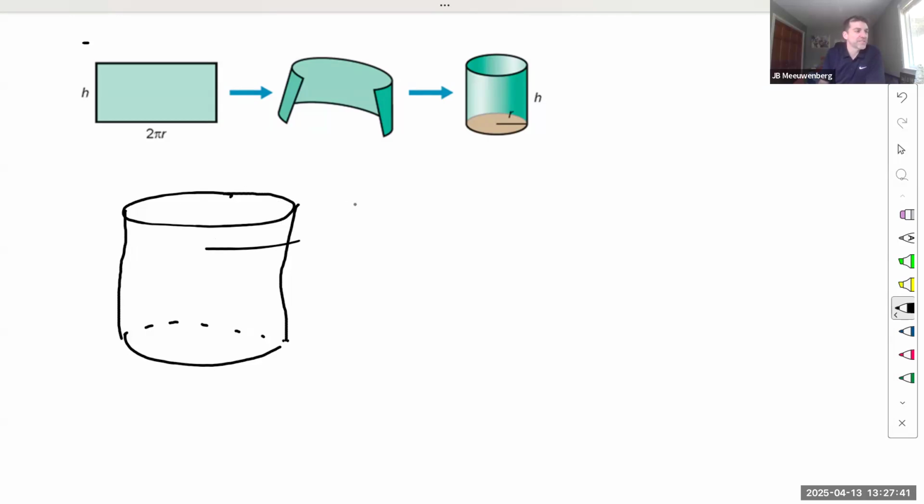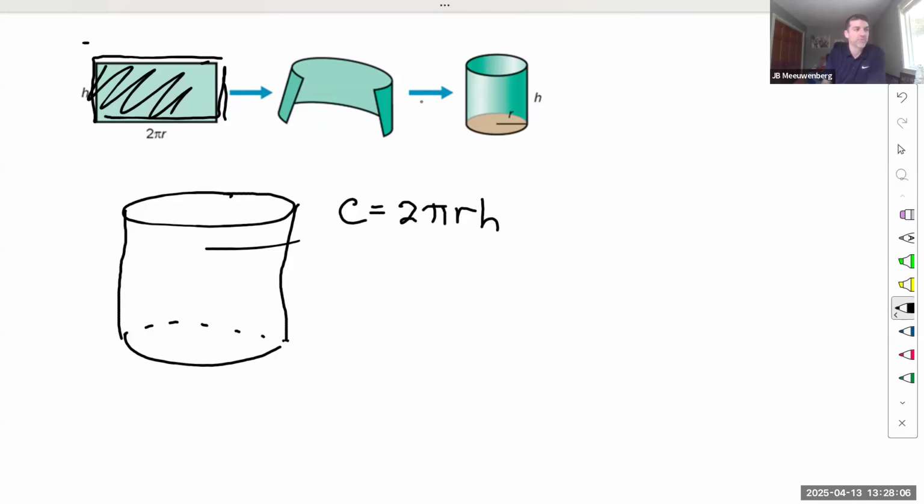And so the circumference of a circle is calculated by 2 pi r, or pi times the diameter. And then we multiply it by the height. And that is going to tell us all around the outside of that cylinder, right? That's going to tell us this space inside here, all this space in here, which is the wraparound part of our cylinder. So it's going to be the circumference, and then we multiply that circumference by the height. So that's the area of the outside of our cylinder.